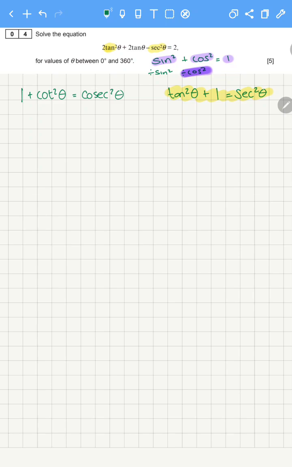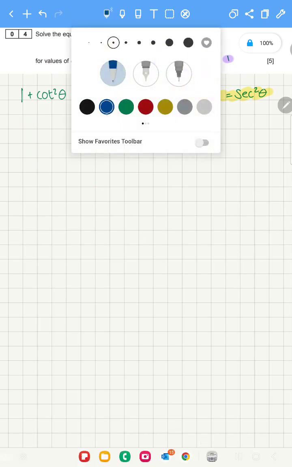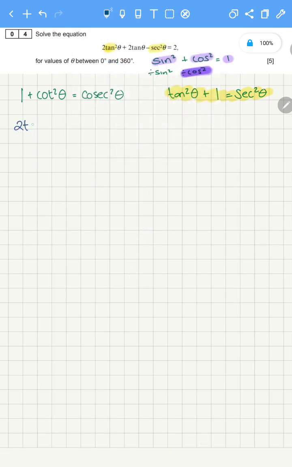Here we go. I'm going to rewrite the question. So 2 tan squared theta plus 2 tan theta minus, and in brackets now, instead of sec squared theta, because sec squared theta is equal to this, I'm going to write that there. All of that's equal to 2.